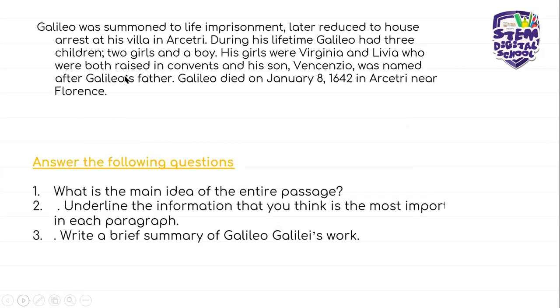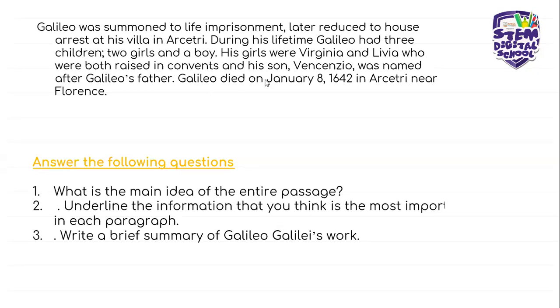The last paragraph, you're concluding now, to say what's your summary. Galileo was sentenced to life imprisonment, later reduced to house arrest at his villa in Arcetri. And he had three children, two girls and a boy.